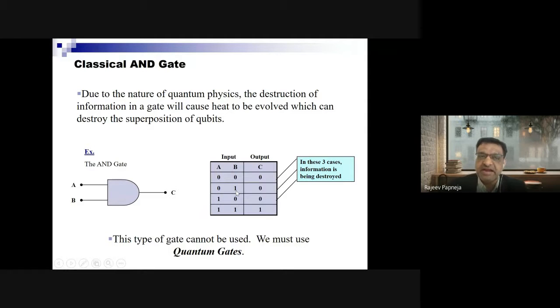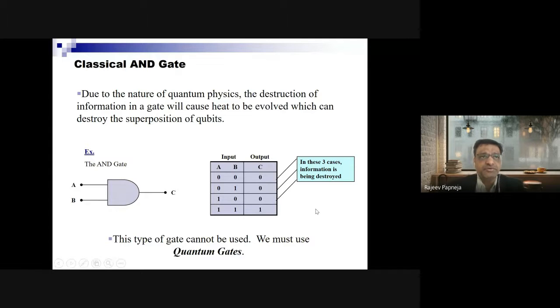You can never say that, because there are three ways you could have got the output 0. Even in row 1, if the input A was 0, B was 0, still the answer was 0. And in row 3, when the input A was 1 and B was 0, still the output was 0. So by just knowing 0, you cannot find out the previous state what it was in.